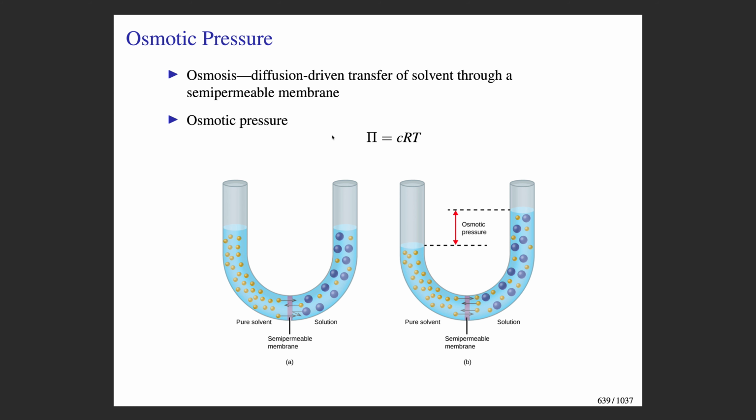Well, let's talk about the last colligative property, osmotic pressure. So osmosis is a diffusion process, and it's easiest to understand by looking at the figure. We have this U-shaped tube here, and there's a semi-permeable membrane. We'll put pure solvent on one side of the membrane, and we'll put a solution on the other side.